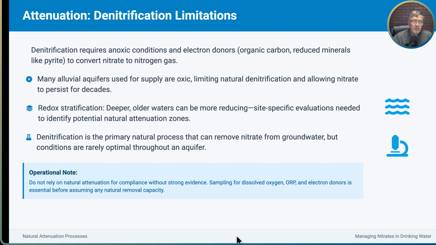Denitrification is a primary natural process that removes nitrate from groundwater, but conditions are rarely optimal throughout an aquifer for denitrification to happen, and thus we get the buildup.